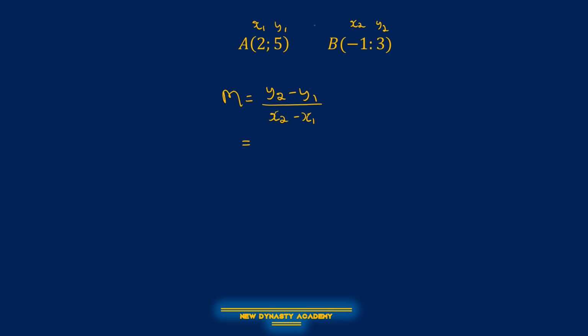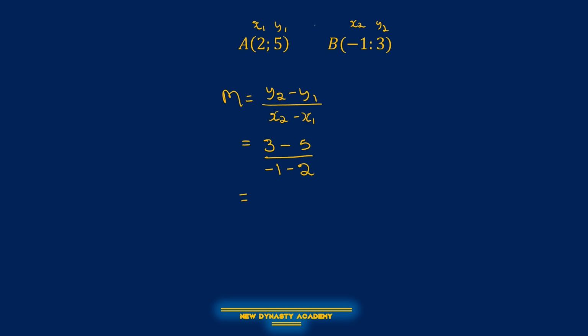So we have chosen this y2 to be 3. So we're going to substitute y2 as 3 here and subtract y1, which is 5, divided by x2, which is negative 1, and subtract 2. And how do we subtract?